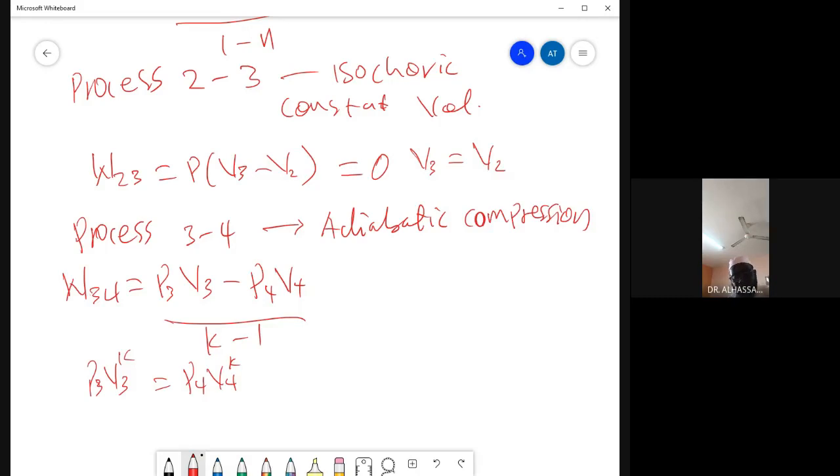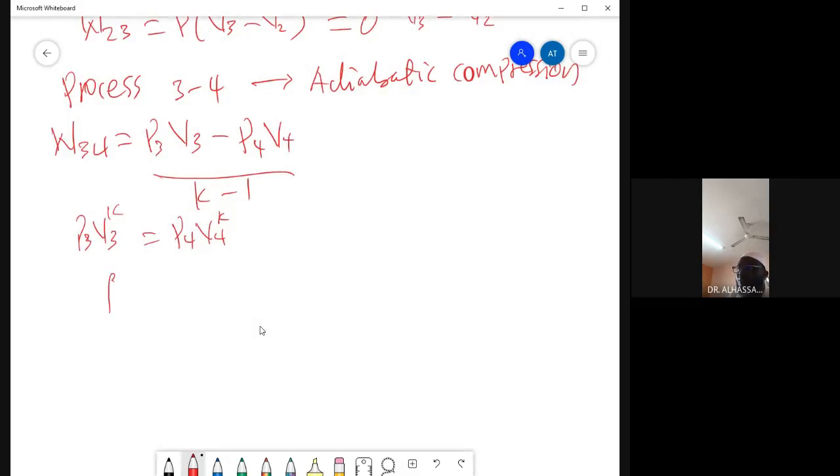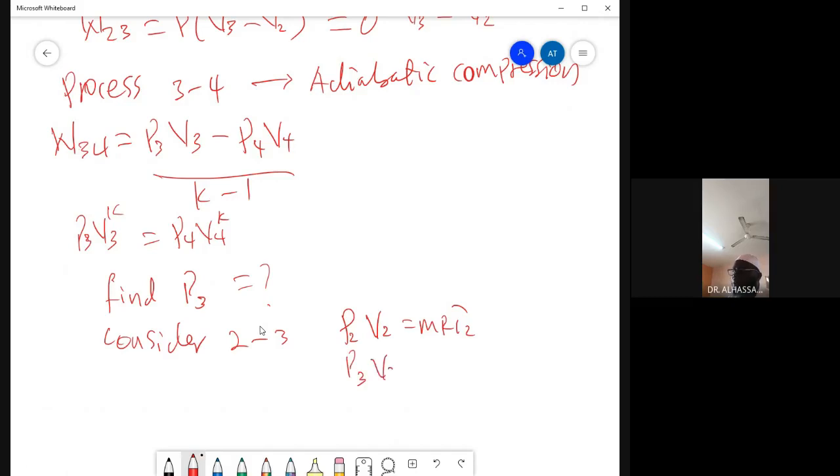But we know that between state 2 and state 3, to determine P3, we will consider process 2 to 3, where we have P2 V2 equals MR T2, and P3 V3 equals MR T3.